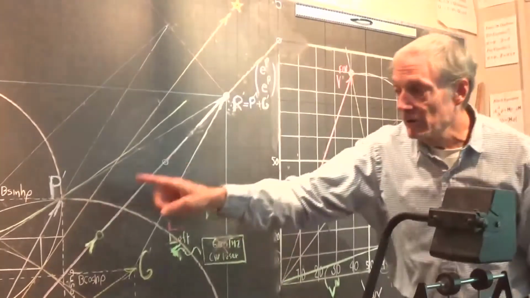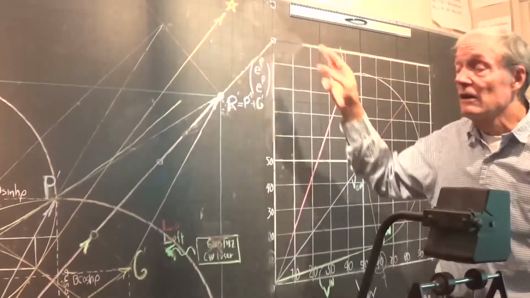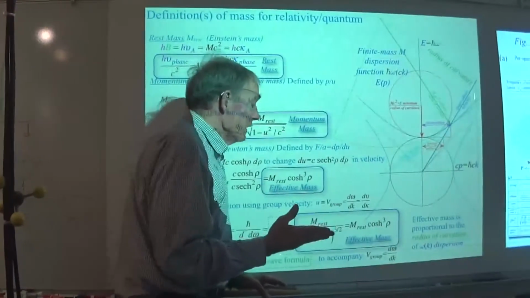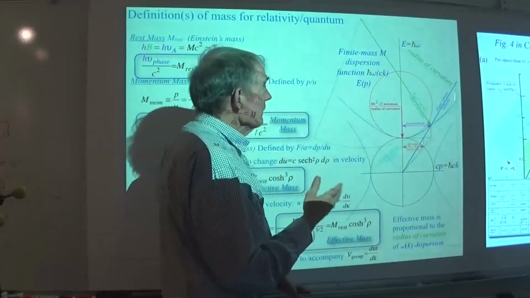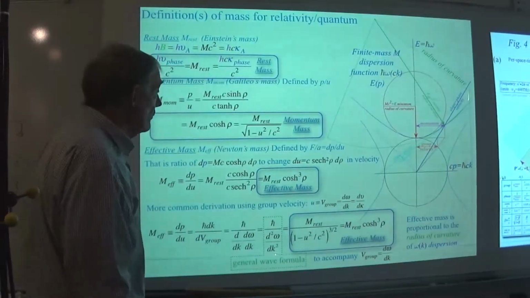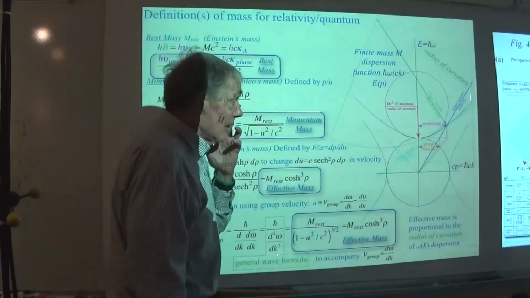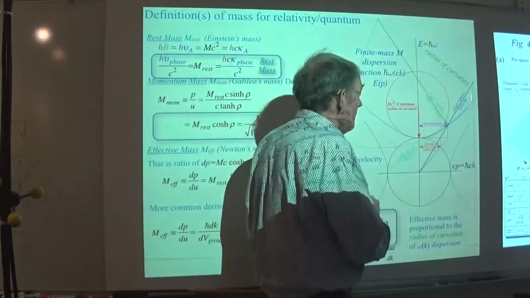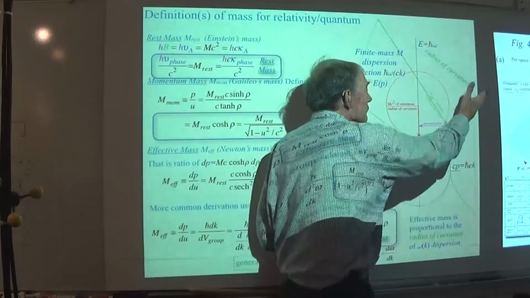And the smaller the rest mass, the quicker it gets there. But anyway, you get to the point where the effective mass goes to infinity. I think that's important to notice, that's what waves do. This hyperbolic dispersion gets very short.